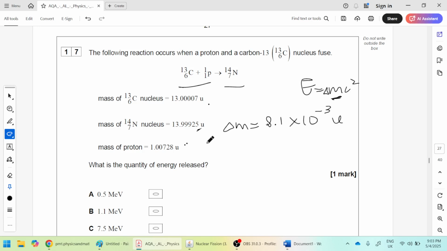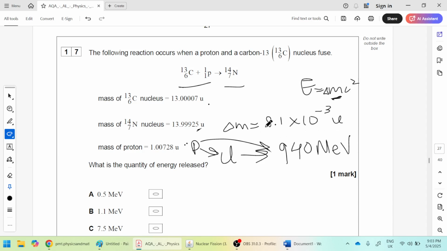I know that a proton has a mass of approximately 1 u. So I'm not going to bother putting it into E equals mc squared, getting it in joules and converting it to mega electron volts. I'm going to use a shortcut. I know that one proton is approximately 1 u, and that corresponds to approximately 940 mega electron volts.